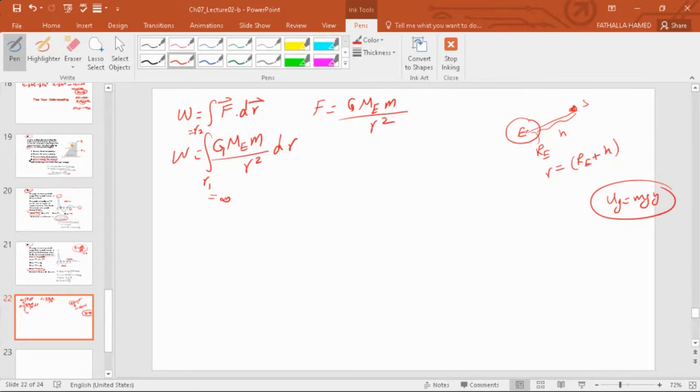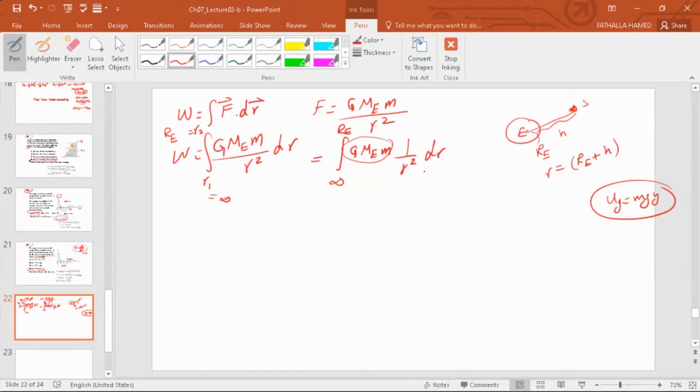And if I want to do it at the surface of the Earth, then I will set this one as RE. So the integral here will be from infinity to RE of G m Earth mass 1 over r squared dr. This is a constant, I can take it outside the integral, but I have to integrate 1 over r squared.